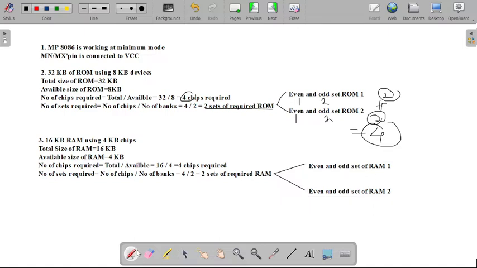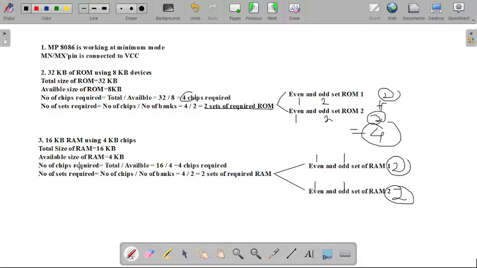So here also 2 chips will be used for our RAM structure and 2 sets will be used for our even and odd structure. So 2 plus 2, it will be 4 chips required in our RAM structure. One for even, this one for odd, this one for even, and this one for odd. So how many will be required? 4 chips will be required based on that given data.